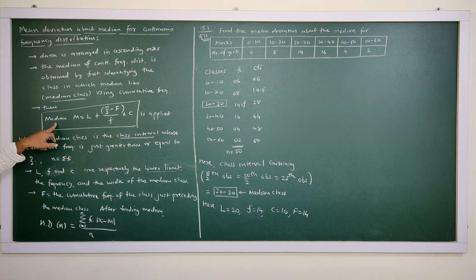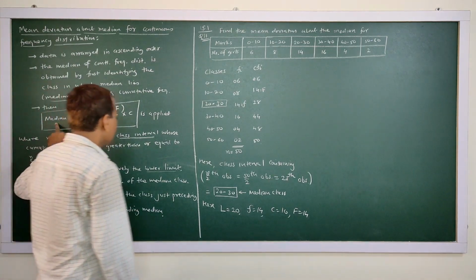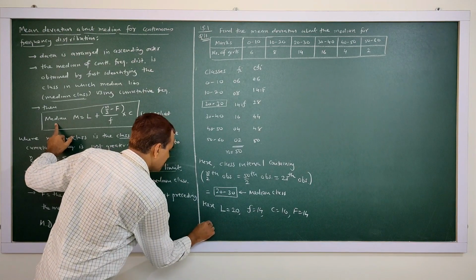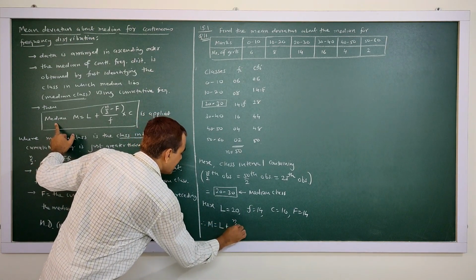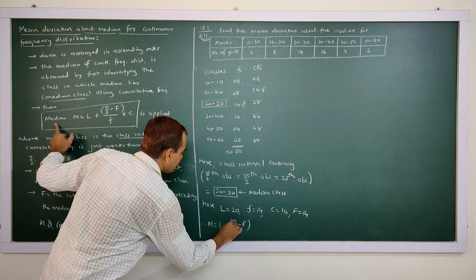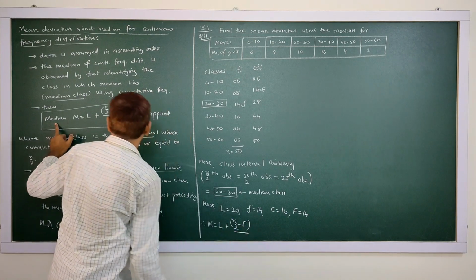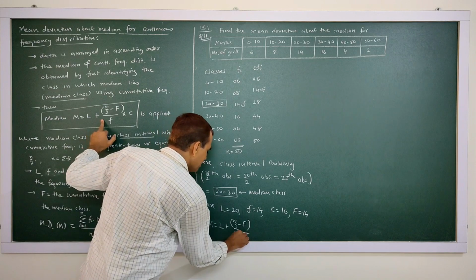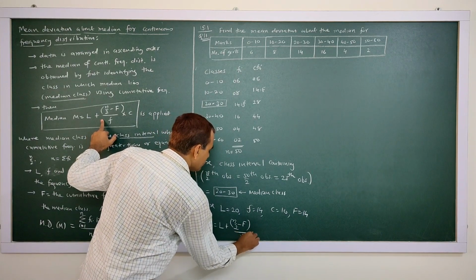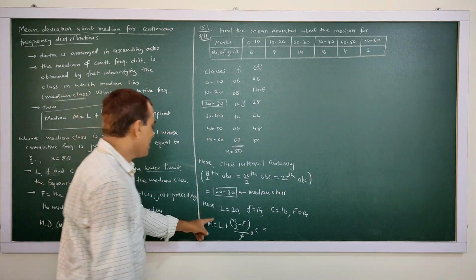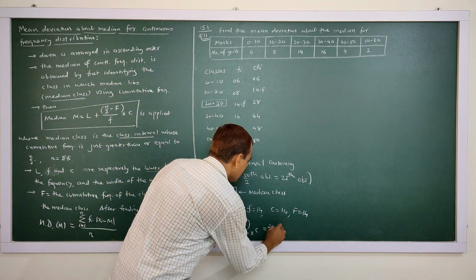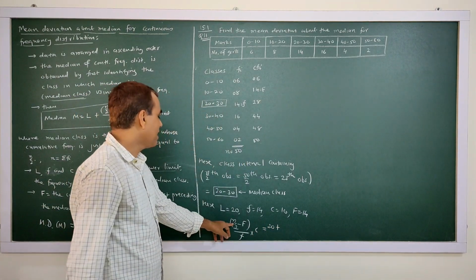Putting these values in this formula, median is equal to L plus n by 2 minus capital F upon small f, into C. So that is equal to L is 20 plus n by 2.